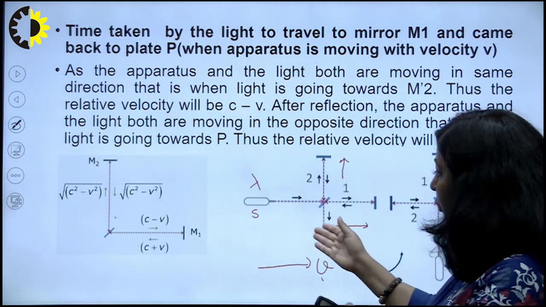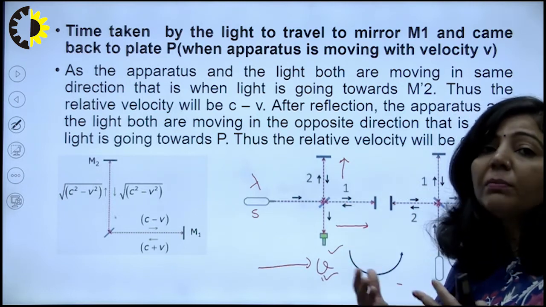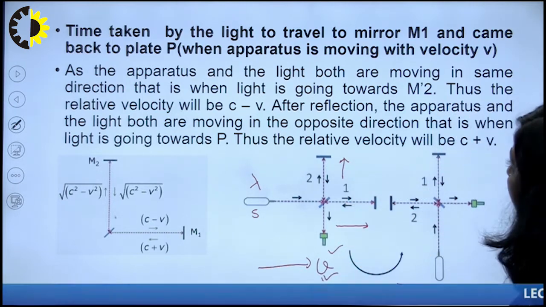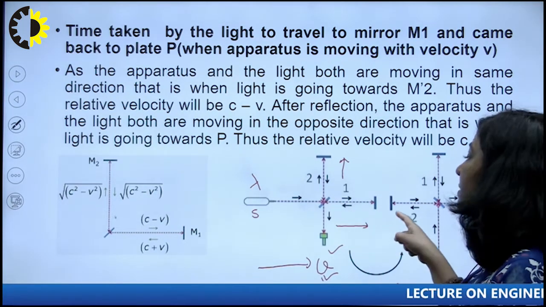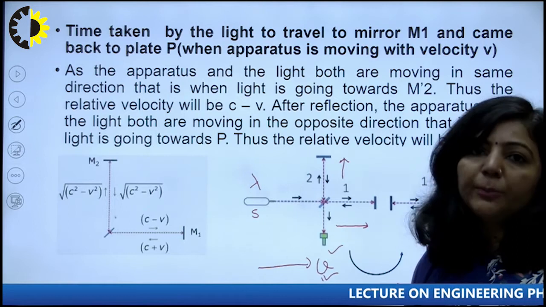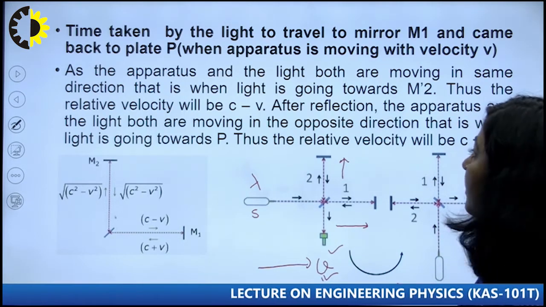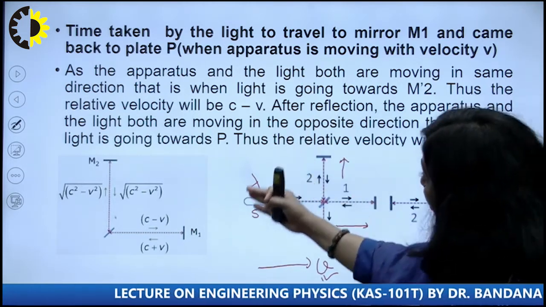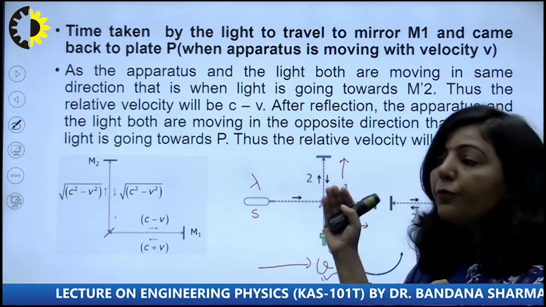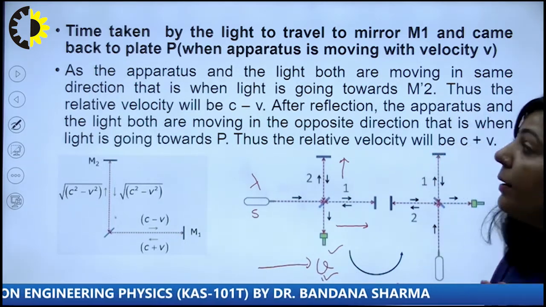Your apparatus is moving with this speed and the light ray is also moving with the speed of light. It means that when this light ray is moving in this direction, for an observer sitting in the ether frame the speed of light is not c. Because of the speed of this apparatus, during the forward and backward journey the speed of light will be different.